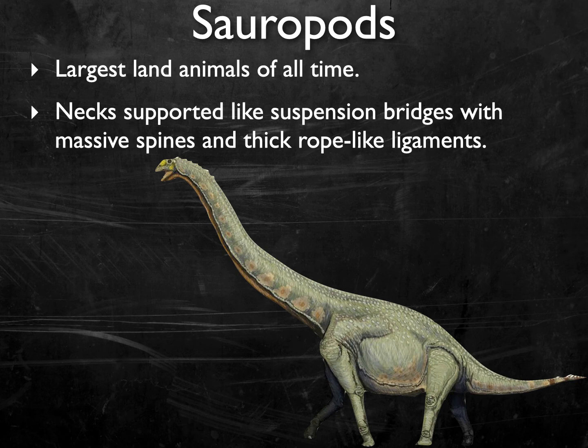Their necks are so long and crazy looking that they're supported almost like suspension bridges, with these massively thick spines and these really rope-like ligaments. Now, the ligaments don't preserve, but we can see the grooves where the ligaments ran in, so we know that their necks were literally like suspension bridges.